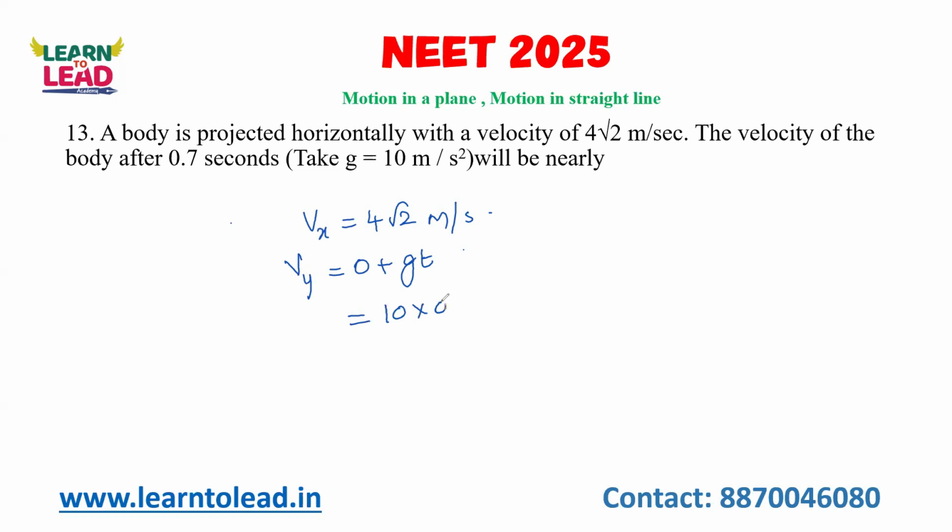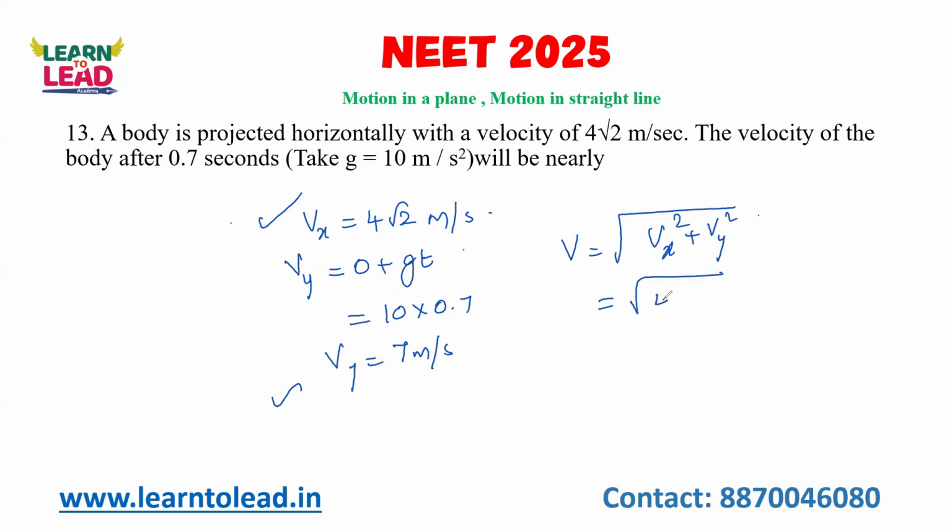G is what? 10 into 0.7. So it is 7 meters per second. If they give you horizontal and vertical velocity, Vx is 4 root 2 and Vy is 7. Use the formula. So 4 root 2 the whole square plus 7 square. To solve this, we get 9 meters per second.